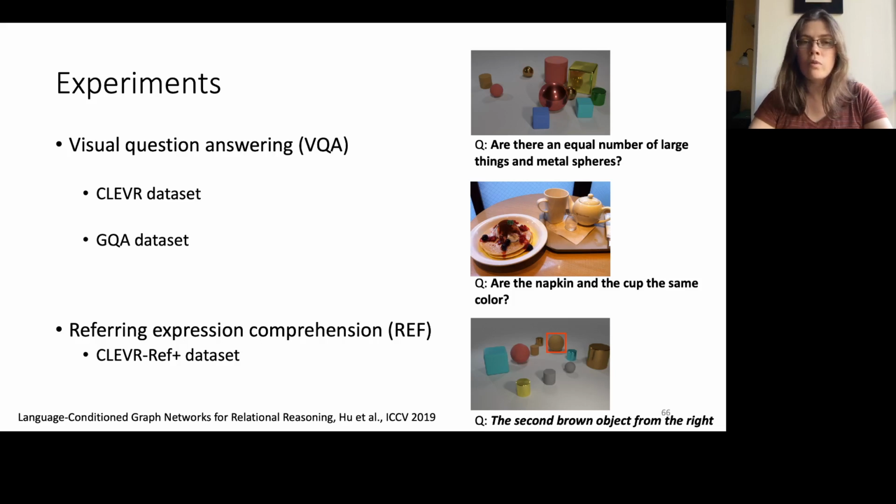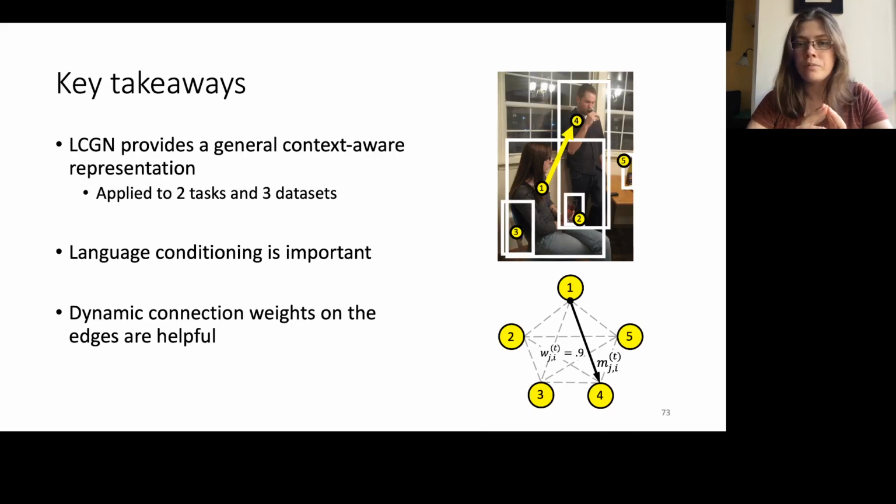I just want to summarize that LCGN is a fairly general context-aware representation, and we show the importance of language conditioning in this message passing mechanism, which also allows for dynamic weights on the edges, which allow us to approach the visual scene differently each time when we have a different question given to us.